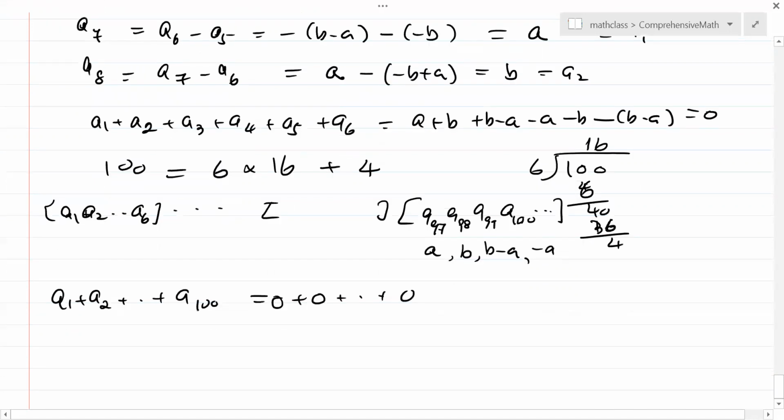You get 16 zeros, plus A plus B plus B minus A minus A. So it's going to be 2B minus A.